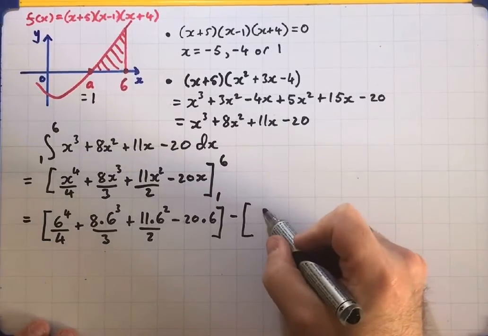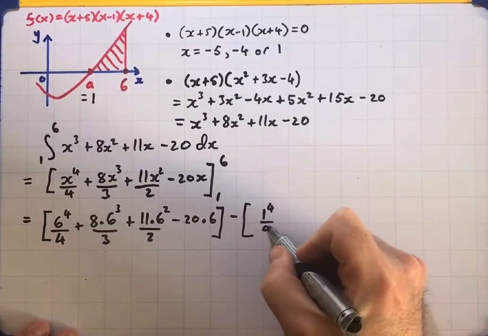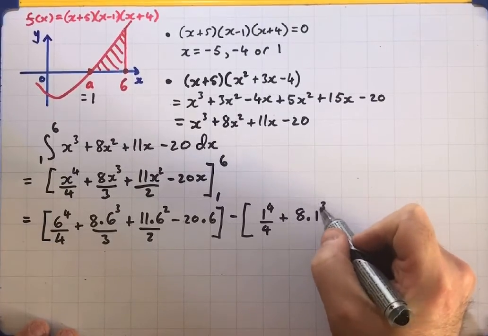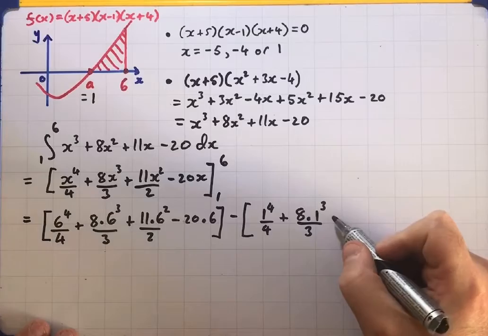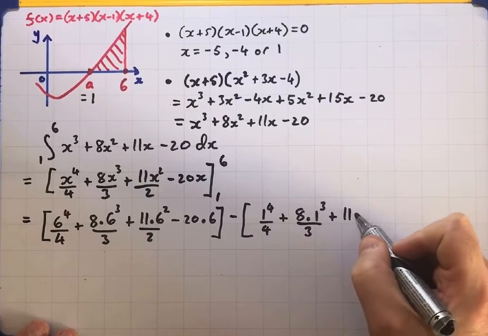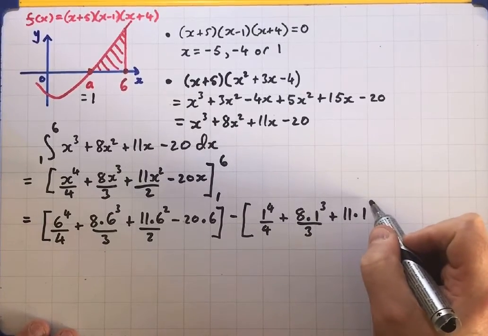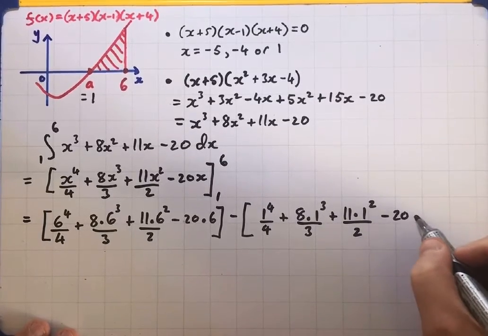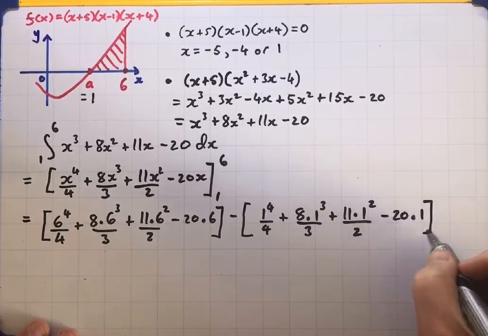So we're going to have 1 to the power 4 over 4 plus 8 times 1 cubed over 3 plus 11 times 1 squared over 2 minus 20 times 1.